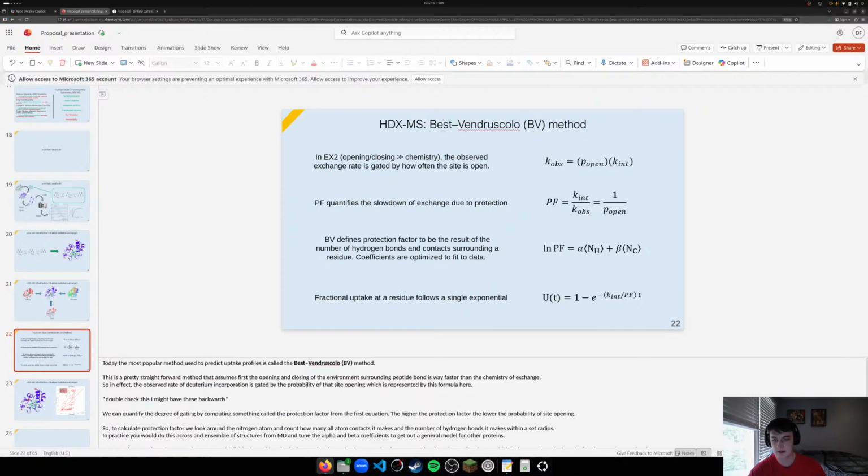Today, the most popular method for predicting uptake profiles is called the Best and Vendruscolo method. This is a pretty straightforward method that assumes first the opening and closing environment surrounding an amide.